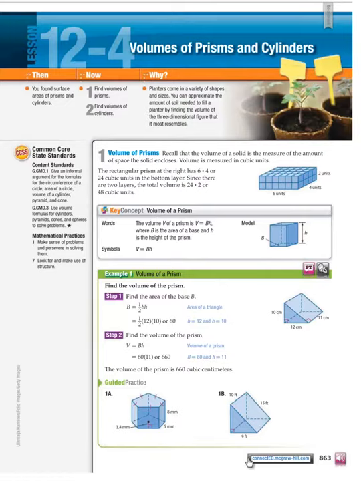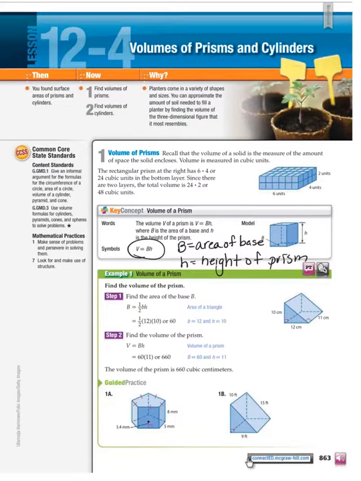So for the volume of a prism, a right prism, we once again have uppercase B, which is the area of the base, again, chapter 11, times the height of the prism.